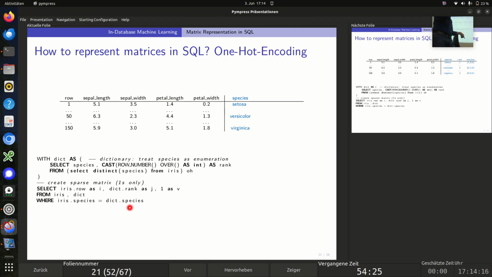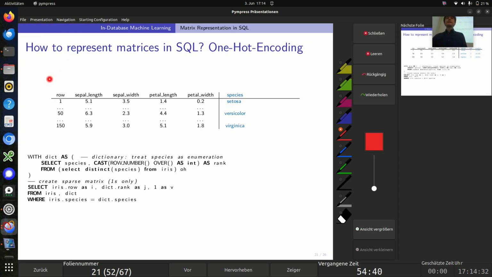And now the question is about the one hot encoding. Who knows one hot encoding? Okay, never mind, because I'm explaining it anyway. The idea is, I normally have my classes like setosa, versicolor, and virginica. Instead I want to have a vector which is 1 at one point.